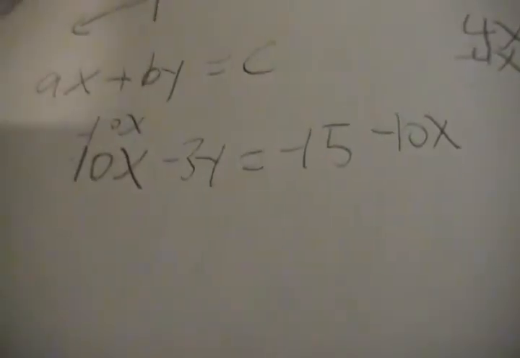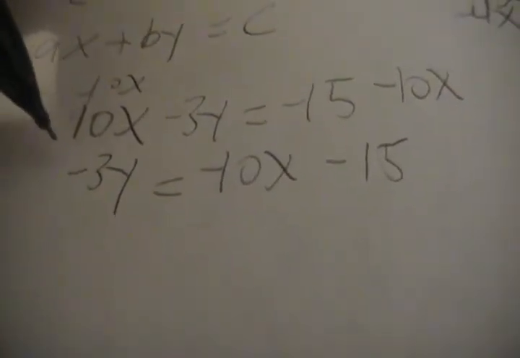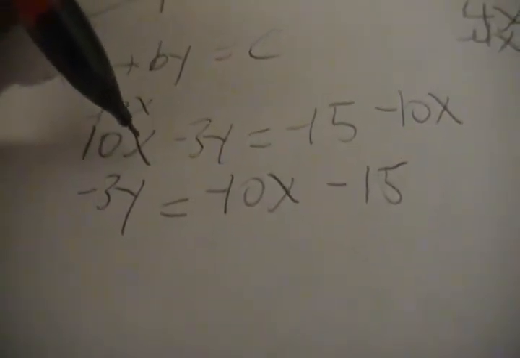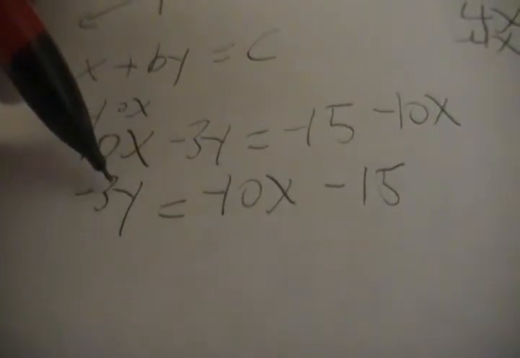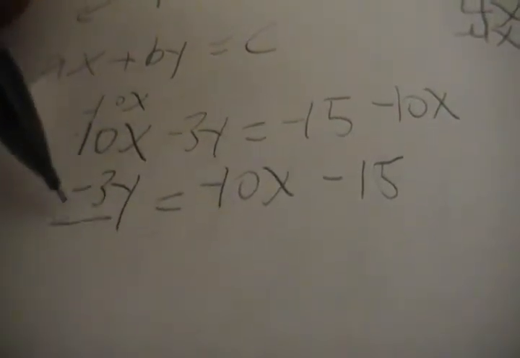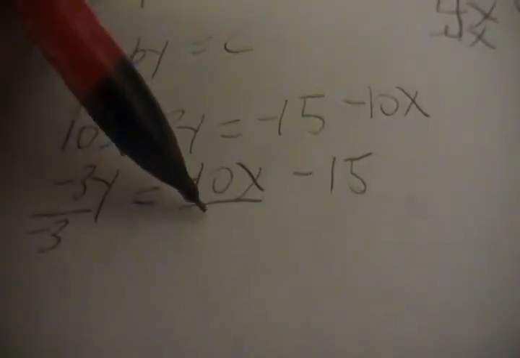So we subtract 10x from both sides, which gives us negative 3y is equal to negative 10x minus 15. However, this is not in slope-intercept form yet. So what we have to do is divide by negative 3 to get y, right? So we have to divide the x term and the 15 by negative 3.